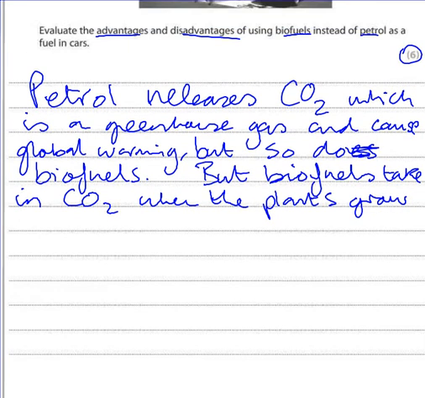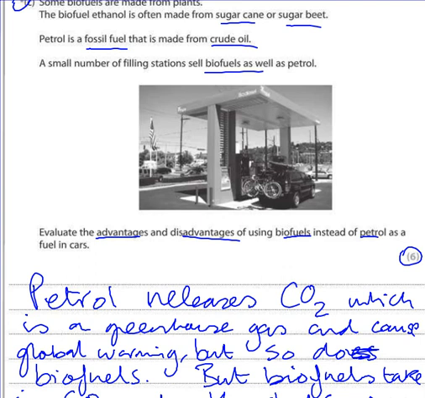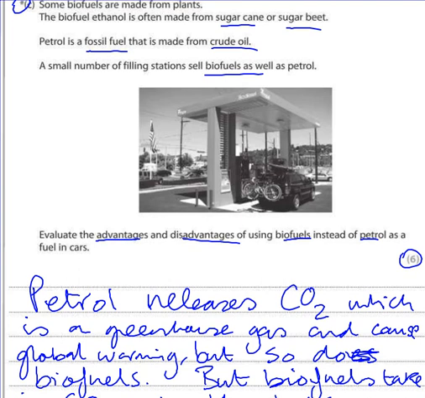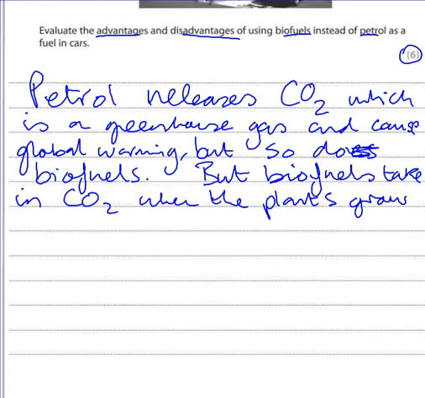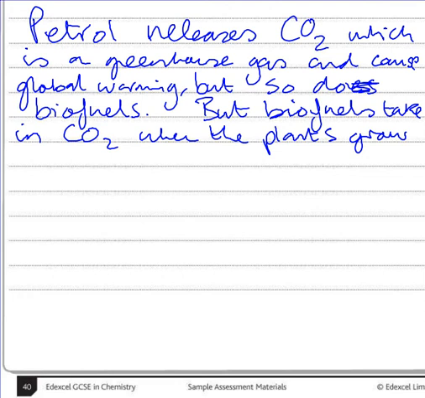Let's just go. So advantages, disadvantages. Let's have a look. What else have we got? Yep. So those biofuels can be considered to be CO2 neutral because they take in CO2 even though they give out CO2 when you burn them.